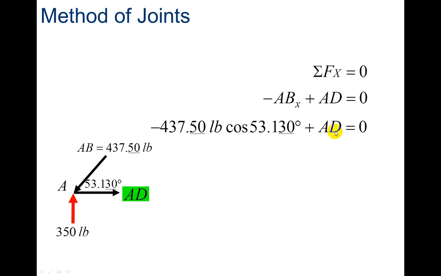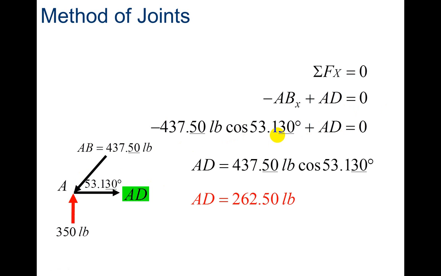AD is an unknown, so we're going to solve for AD. Notice we're using cosine this time because here's my angle. I'm looking for the one that is adjacent. And to me, it looks like it kind of makes a C, and that's how I remember it. Okay, solving for AD. I know that AD is 262.5 pounds. That means it is under tension, and I'm going to leave that arrow the way it is.